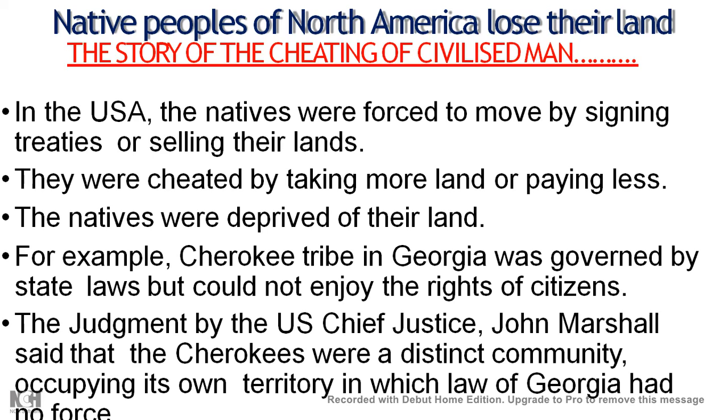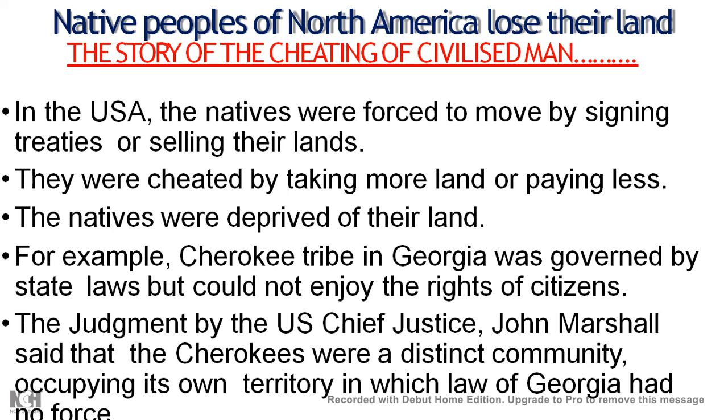In the USA, the natives were forced to move by signing treaties or selling their lands. They were cheated by taking more land or paying less. The Europeans paid less money and took a large amount of land from the native peoples. Natives were deprived of their land.